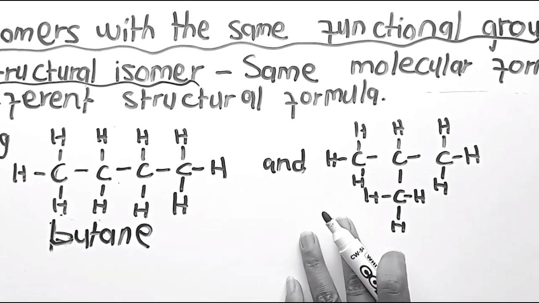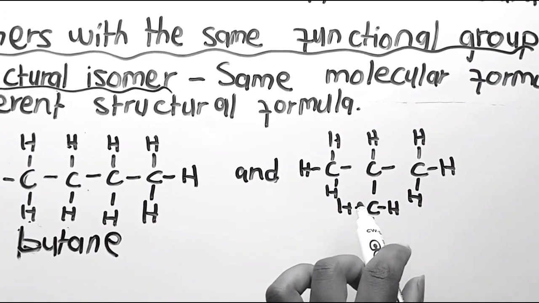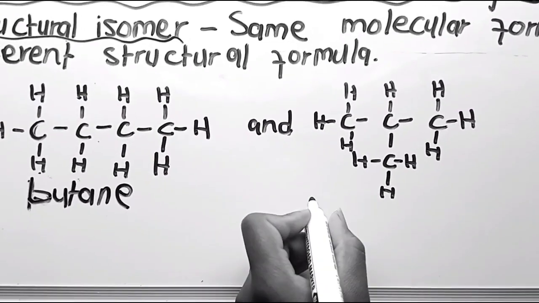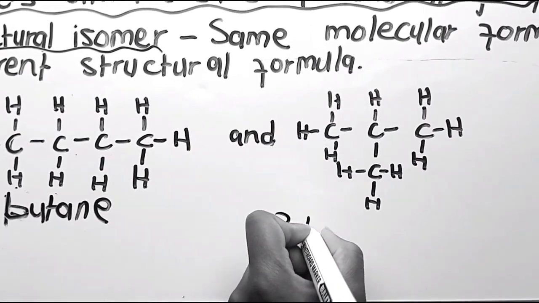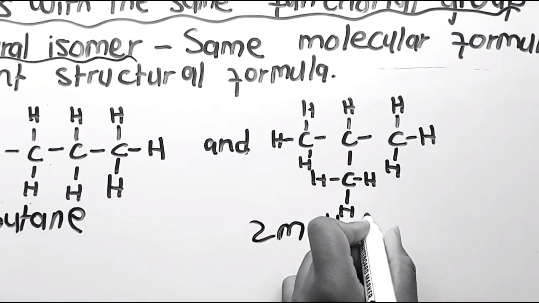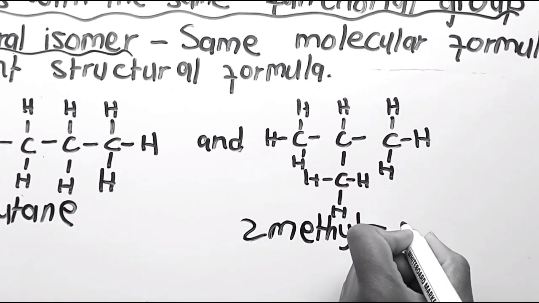For this structure, we have one, two, three, but we have an alkyl group, so it's 2-methylpropane.